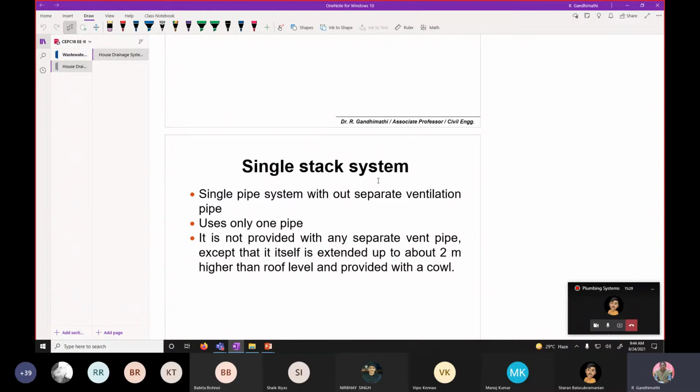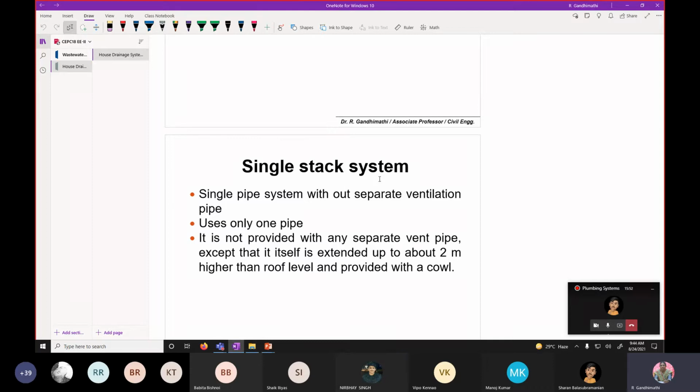But in the single stack system, irrespective of the source, everything is carried in a single pipe to the treatment system. That is called the single pipe system, without a separate ventilation pipe. You don't have any provision for a vent pipe.